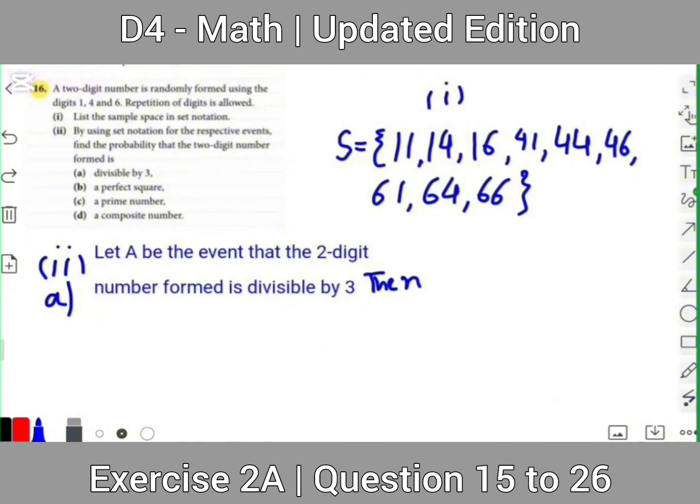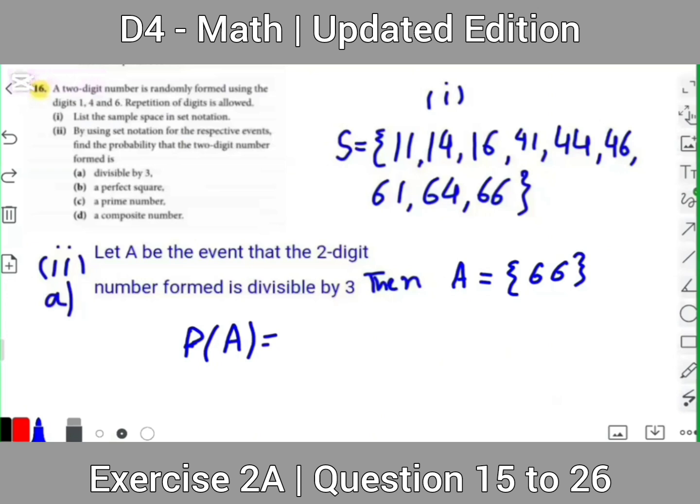Now in part 2, by using set notation for the respective events, find the probability that the two-digit number formed is divisible by 3. Let A be the event that the two-digit number formed is divisible by 3, then A is equal to 66.